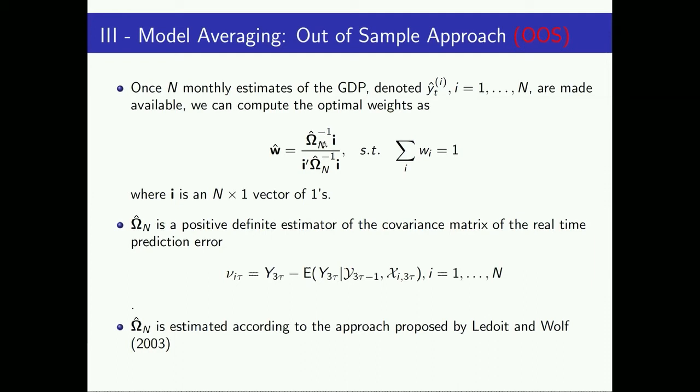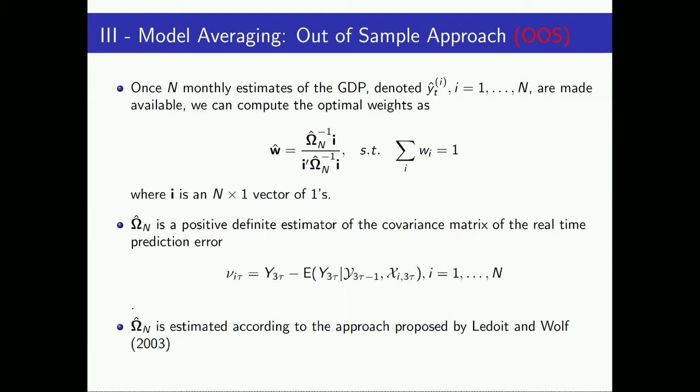Okay, the problem here, and that's our second novelty of our approach, is that when n, the number of indicators, is larger than the estimation sample, we have the problem that this matrix, the variance covariance matrix of the real-time prediction error, is singular, is not positive semi-definite.